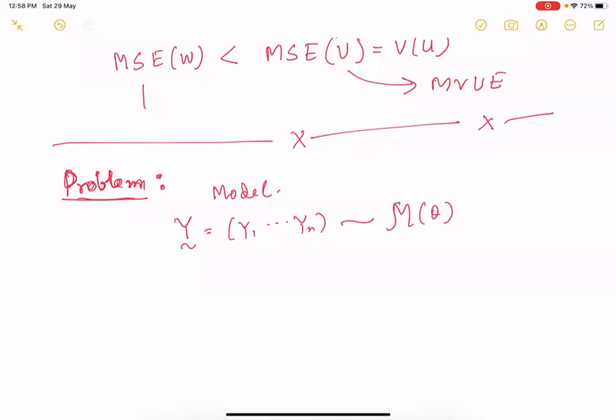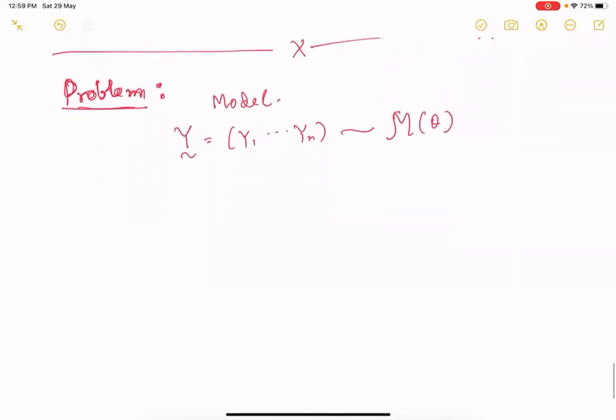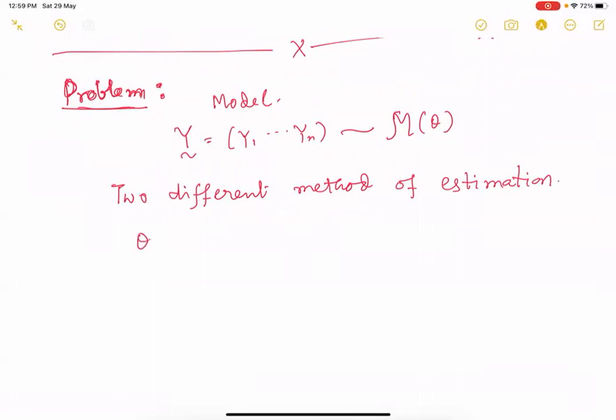Now I come up with two different methods of estimation. Say one method gives me theta 1 hat and another method gives me theta 2 hat.